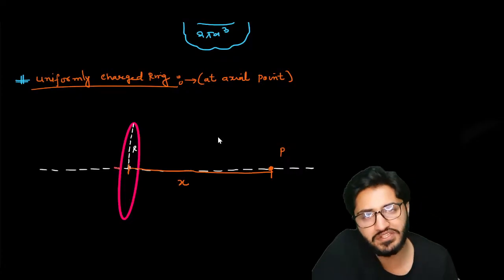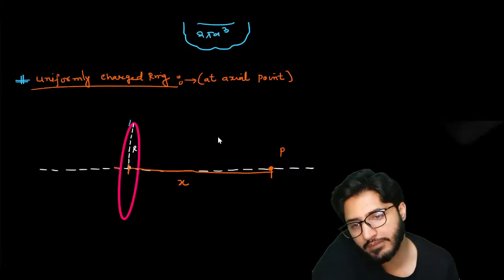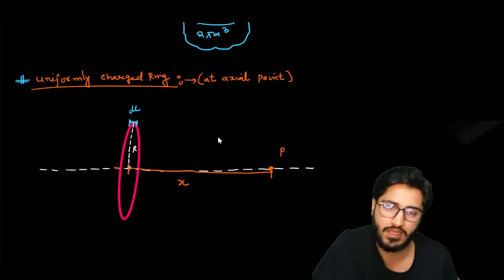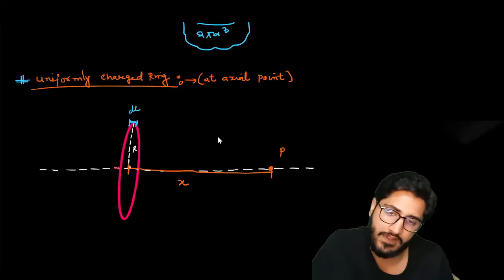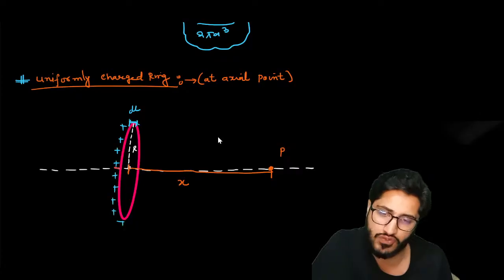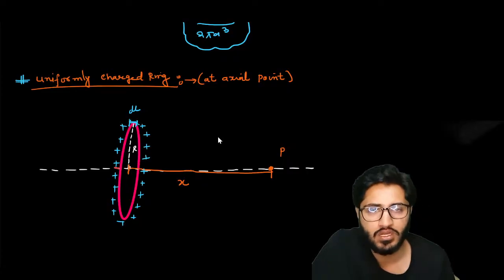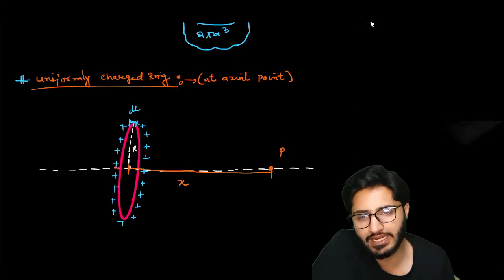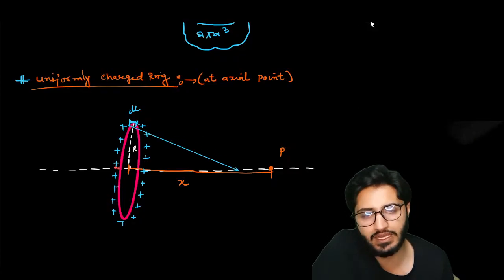To do the derivation now, we need to cut a small element here, a small element with length dl. Suppose my ring is carrying positive charge. Due to this particular dl length, it will apply an electric field here.